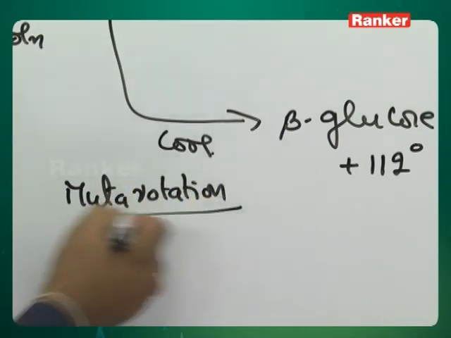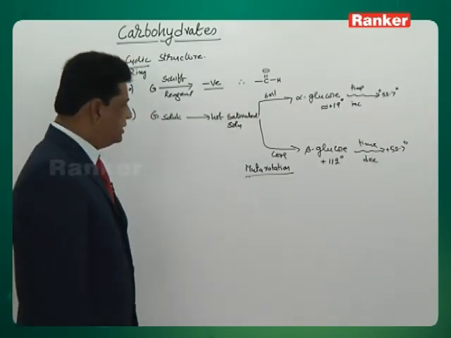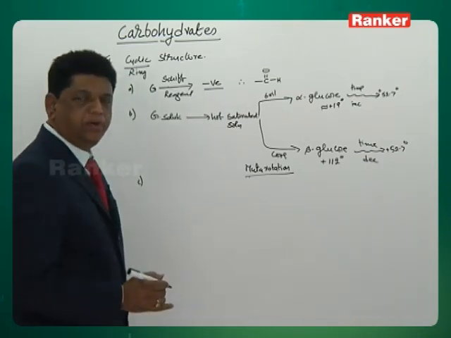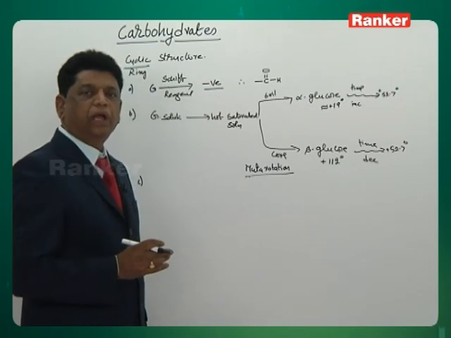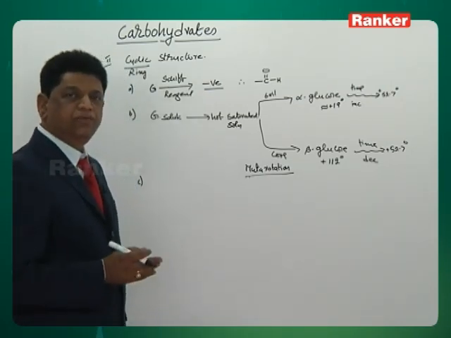This mutarotation is not easily explained by the open chain structure. Another point: generally all carbonyl compounds react with 1 mole of alcohol and give the hemiacetal, and another mole of alcohol gives the acetal.